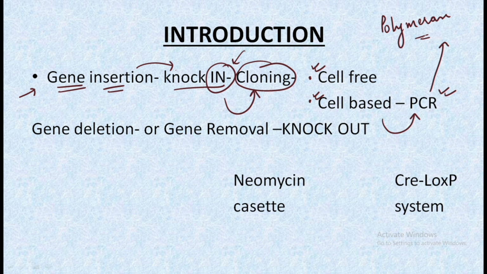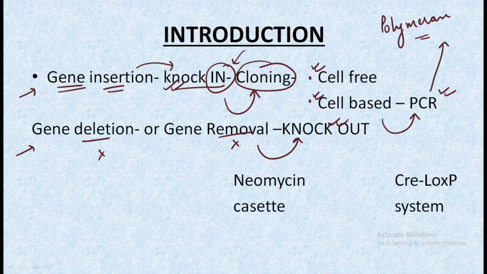In this video, just understand that gene insertion means when we are inserting a gene into a particular type, it is called gene knock-in. And gene deletion, when we are removing or deleting something, is called gene knockout.